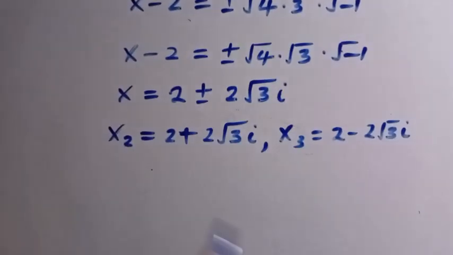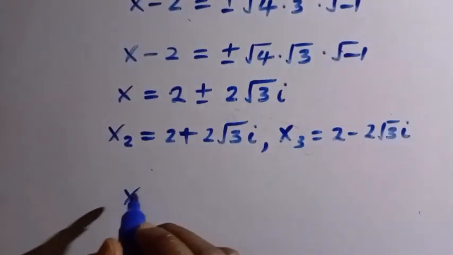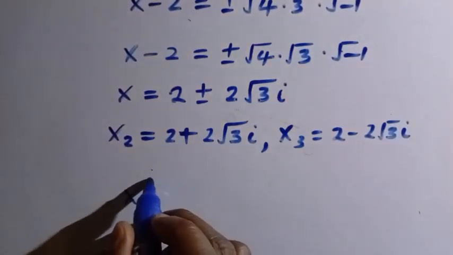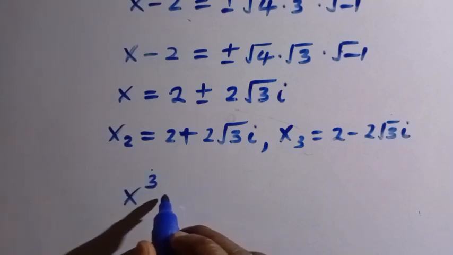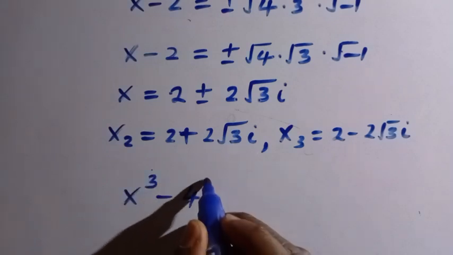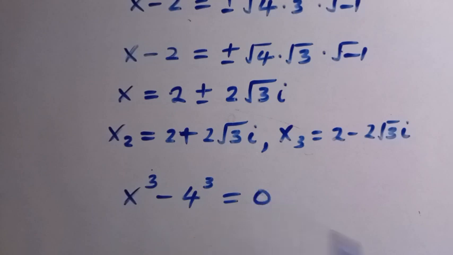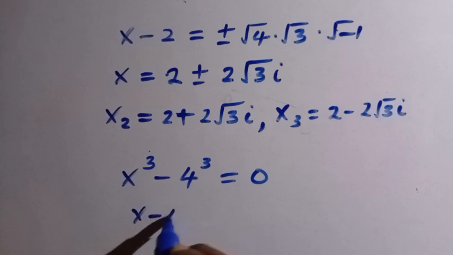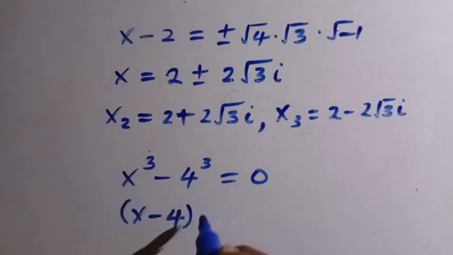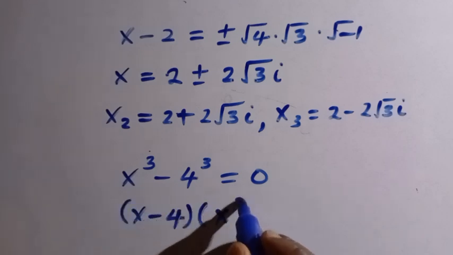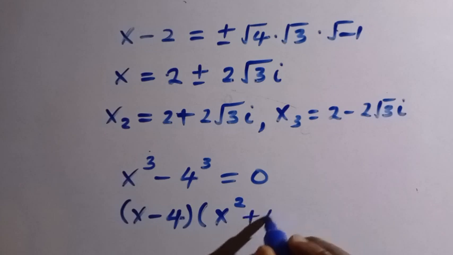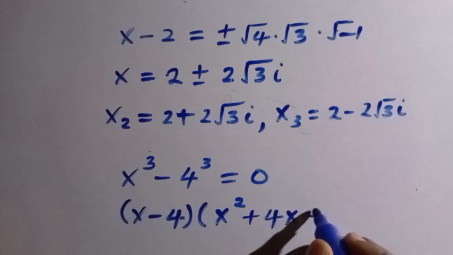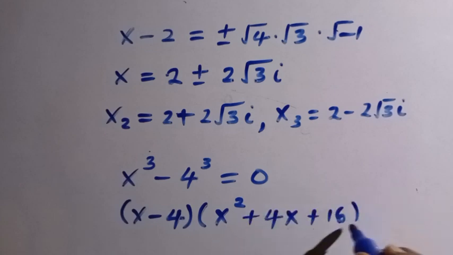And also we have to find the other three roots, which we consider from x raised to power 3 minus 4 raised to power 3 equals 0. So we consider this as the difference of two cubes, and the identity of this is given as (x minus 4) into the bracket of (x squared plus 4x plus 16) equals 0.